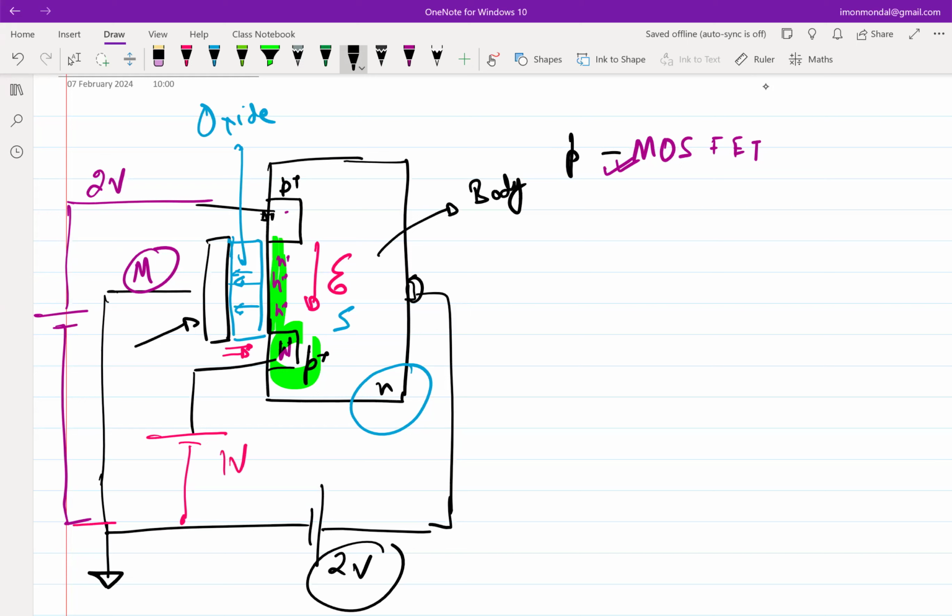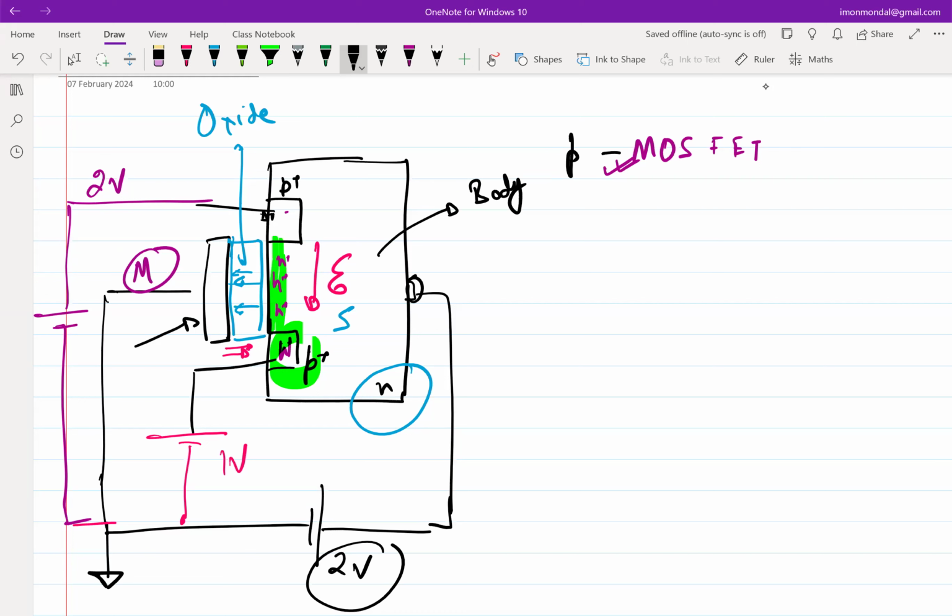In this case, the carrier giving rise to conduction is holes, right? The stuff that is flowing through the channel is holes. So hence it's called a p-type MOSFET. If you flip everything around, the type of carrier will become electrons, and that time we call it an N-type MOSFET. So often called an NMOS or a PMOS device.